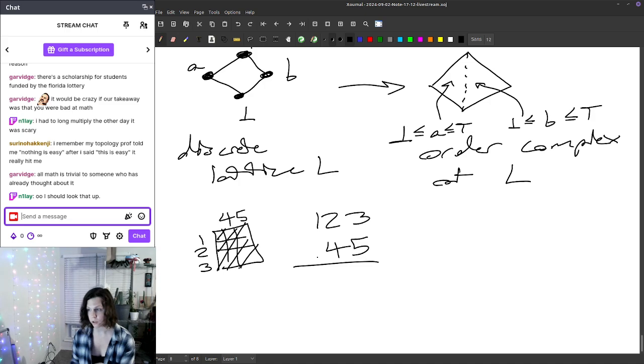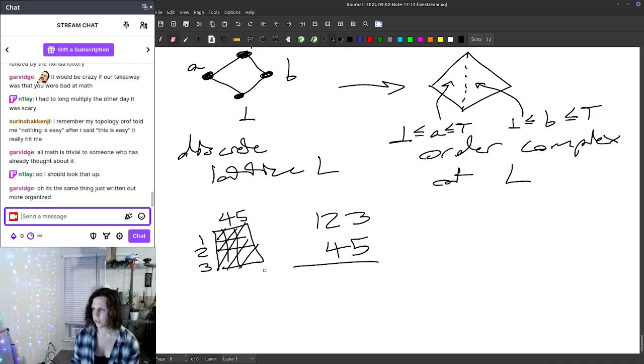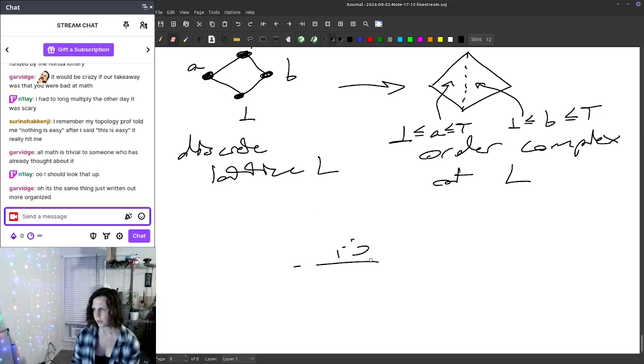Wait, are you saying you should look up this? I'll show you this method of multiplication if you're curious about it. Yeah. So here, I'll do it more clean on a different page, and then I'll get back. It is just this. I mean, it is equivalent.